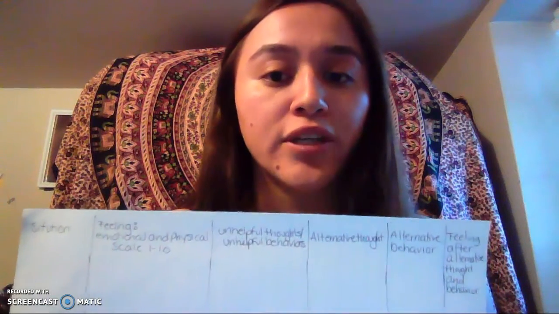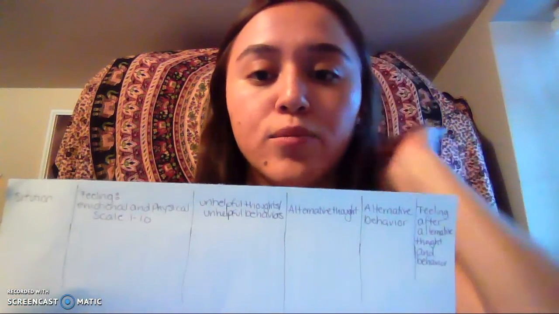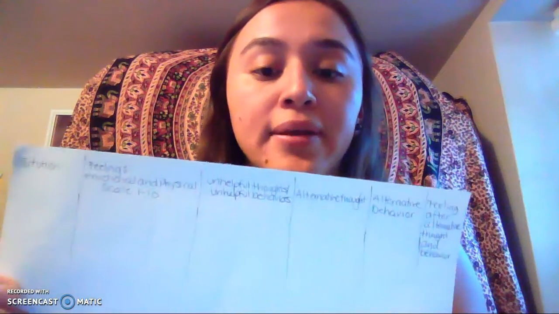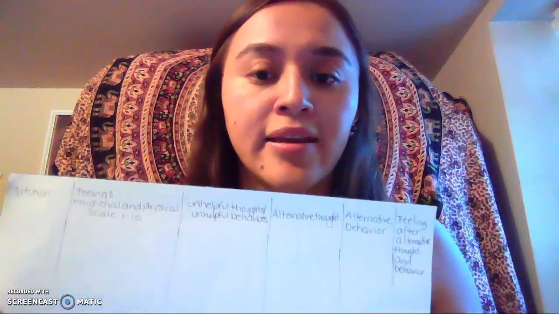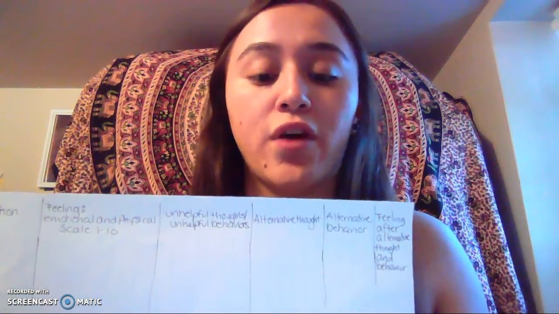I never wanted to do it. Every time that I knew this was going to happen, I never raised my hand. I never volunteered. Because it just made me very anxious. So once you have your unhelpful thoughts and unhelpful behavior, we're going to move to your alternative thought.